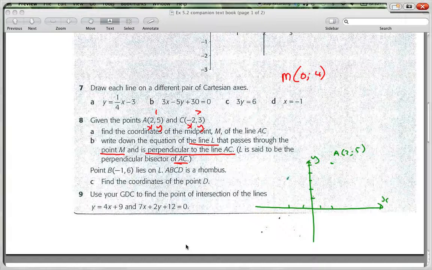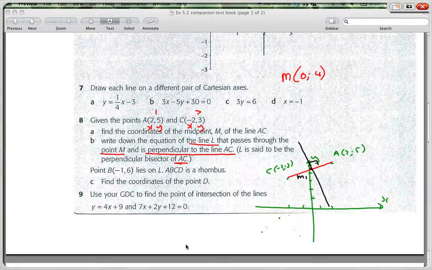So I'm about over there. So I've got this line here between these 2 points, and obviously my point M works out to be over there. It's a little bit off scale here, but that'll be M. So I'm looking for this line here that is going through that point there, and it's going at 90 degrees.